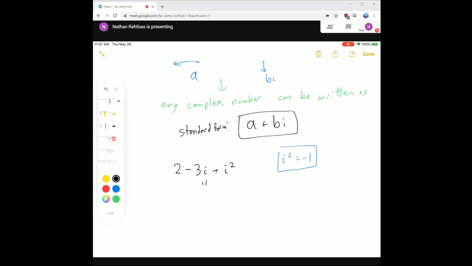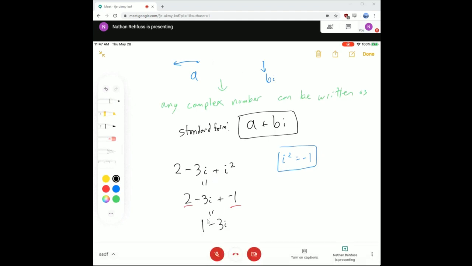So I can say this is 2 minus 3i plus -1, and then combine these like terms and say, okay, this is the same as 1 minus 3i. So 2 minus 3i plus i squared is really just 1 minus 3i.